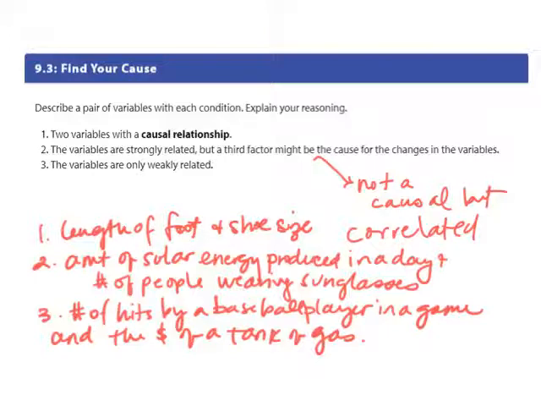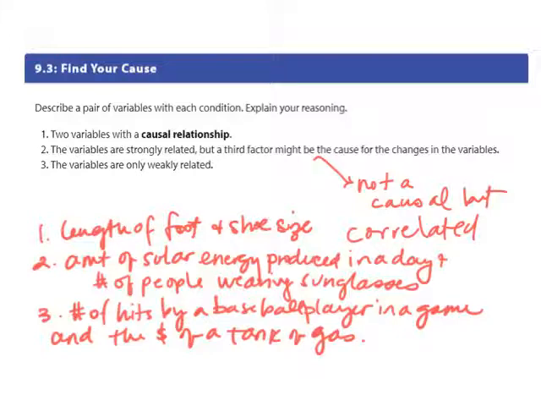Now, is this a causal relationship? The argument would be no. The number of people wearing sunglasses does not directly influence the amount of solar energy produced in a day. There are many other related variables that would cause that solar energy number to go up, in addition to the amount of sunshine.